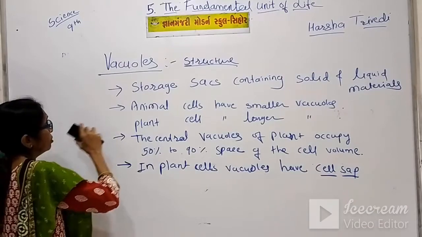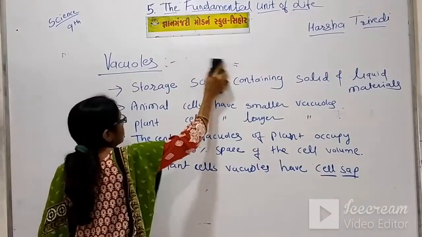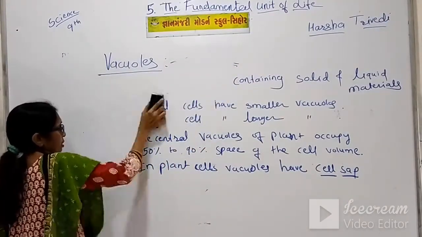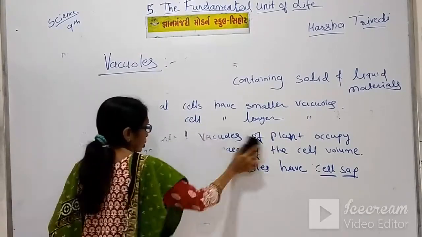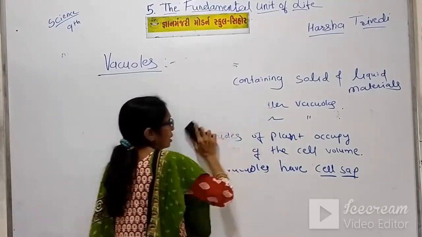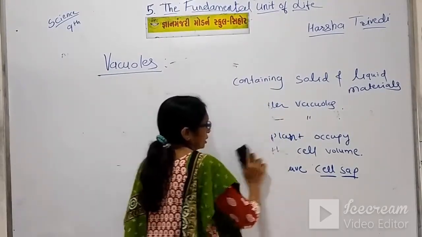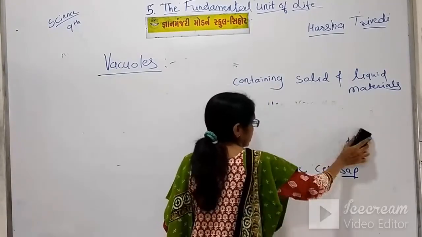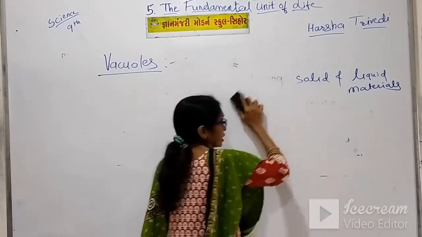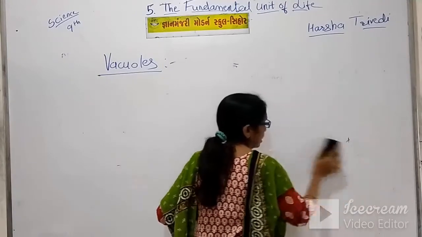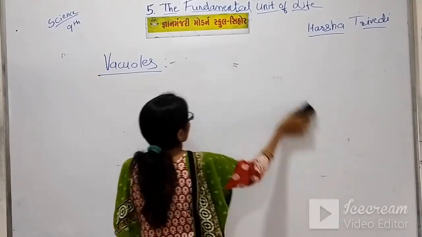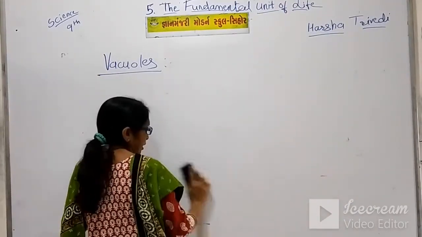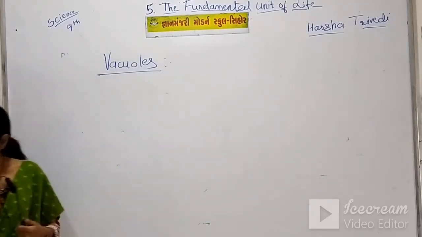Okay students, now we will see the function of the vacuoles. As I told you, it gives turgidity to the cell and it contains the cell sap.